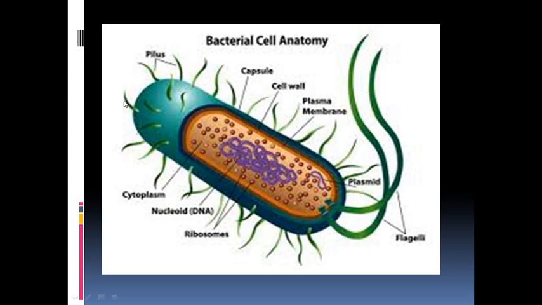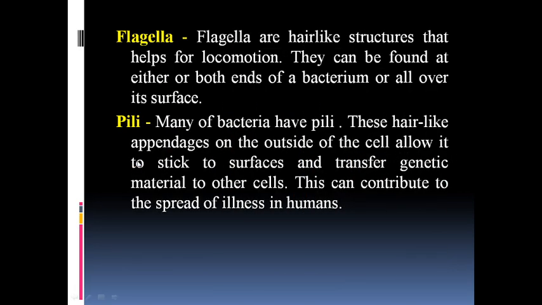So, these are called sex pili or pilus. This attaches to the surface of another object or another cell, and it will transfer the genetic material to the other cells. This can contribute to the spread of illness in human beings.